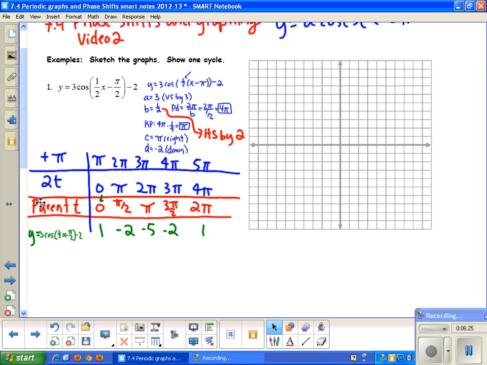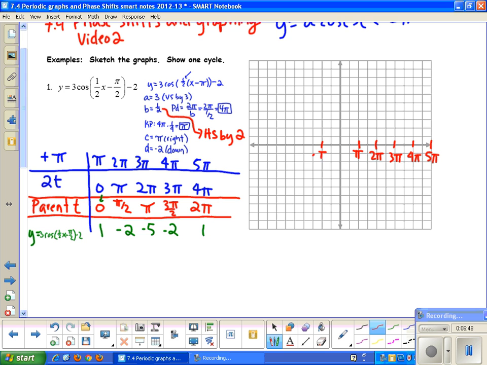So on my graph, I'm going to do my key points. And for my key points, I'm going to skip every other one so that you guys can see what I'm doing. So this right here would be pi. This is going to be 2 pi, 3 pi, 4 pi, and 5 pi. And I can go backwards too.